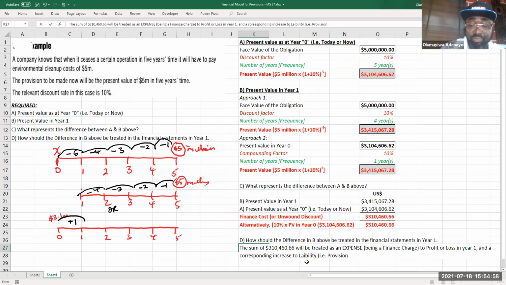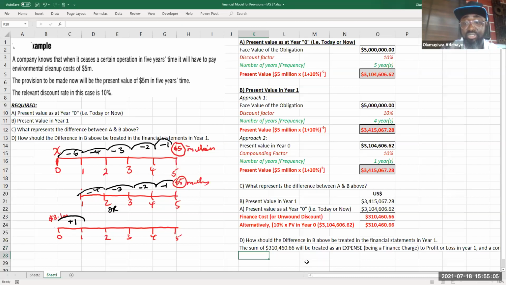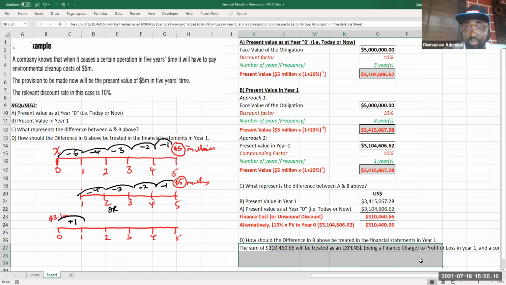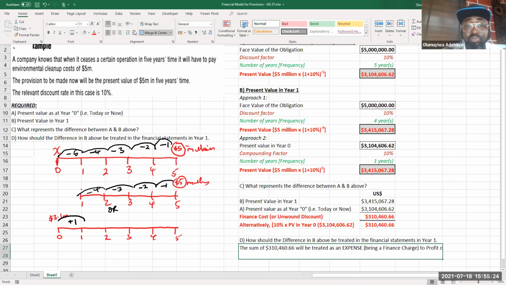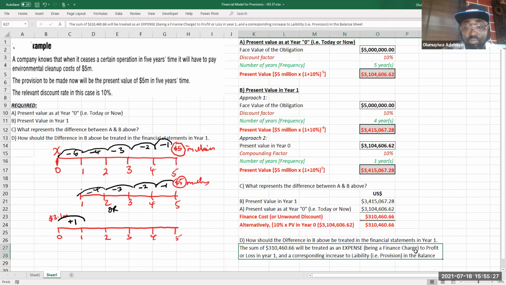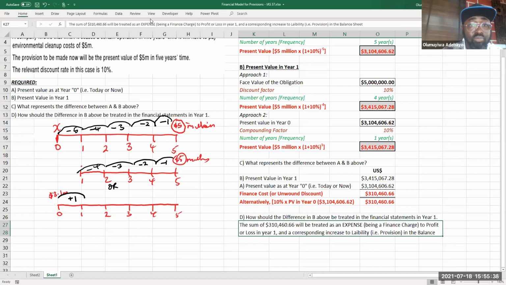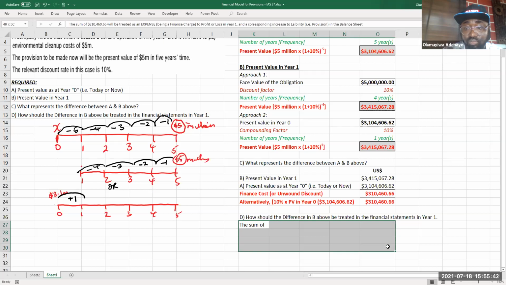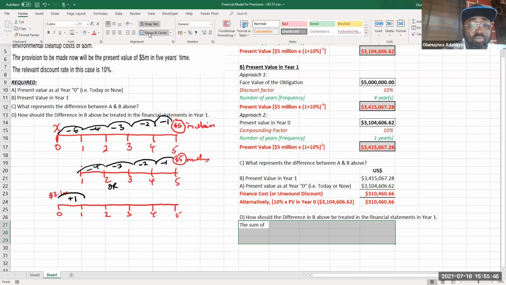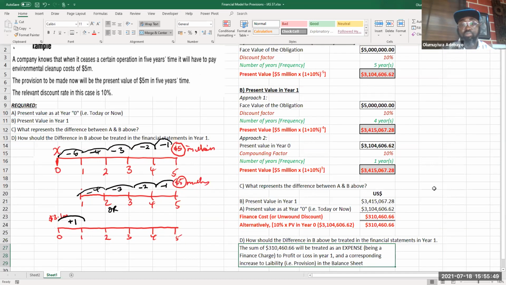Provision, in the balance sheet or your statement of financial position. Does it make sense now?